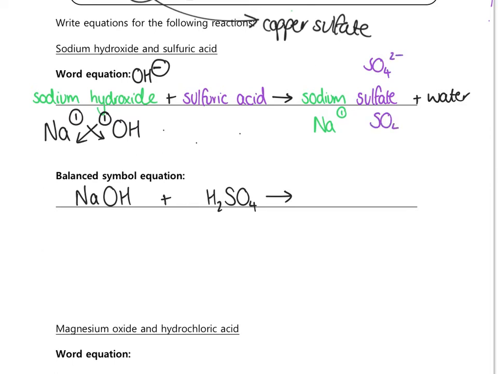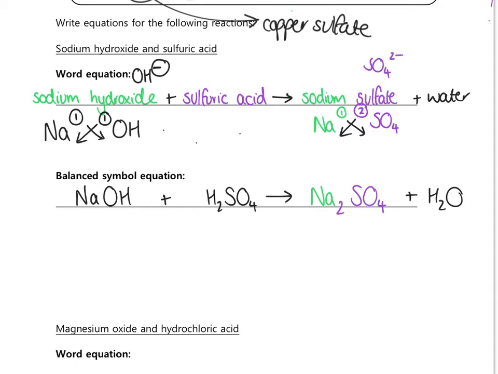So we write down our SO4 first of all, and then we use the 2 minus for our valency, which is just 2. Swap and drop that then. I'm swapping 1 down to my sulfate, so I don't need brackets around it because I'm going to end up ignoring that 1 anyway. But I do include the 2 after my sodium, so it's Na2SO4 plus my water, which is H2O.